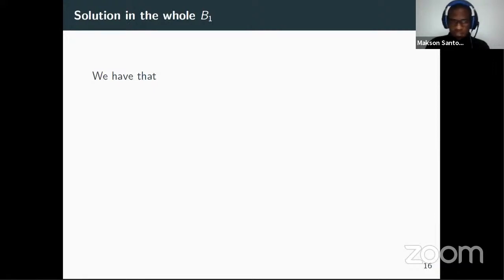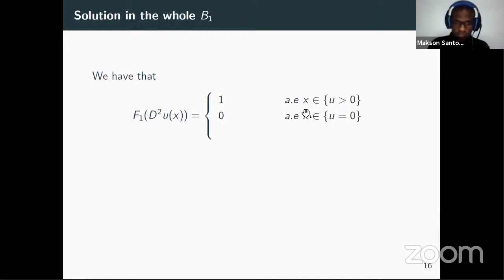To see that, it's quite simple. Once I have the regularity, we have that F_{U1} of the Hessian of U at a point x is 1, for almost every x in the set where U is positive, 0 in the set where U is 0, and in the set where U is negative, this is this, right? But recall that F_{U1} is uniformly elliptic, then it implies that this is Lipschitz. And now that I know that U is C^{1,1}, I know that this is bounded.